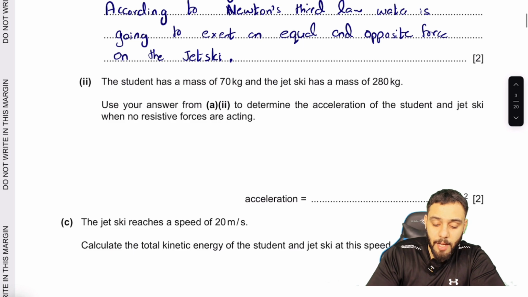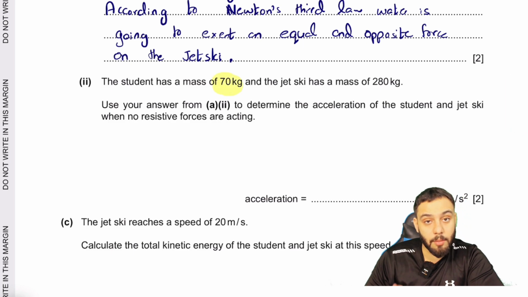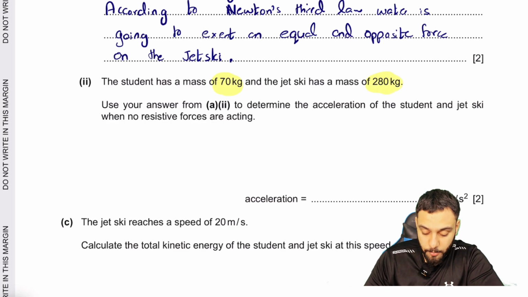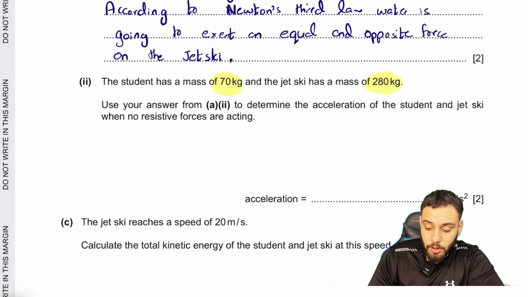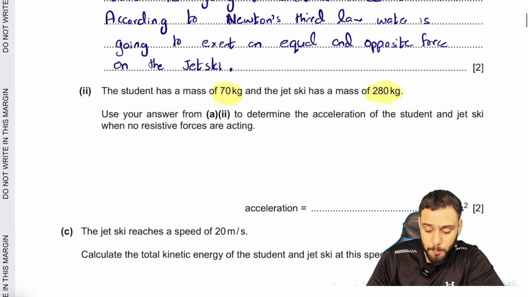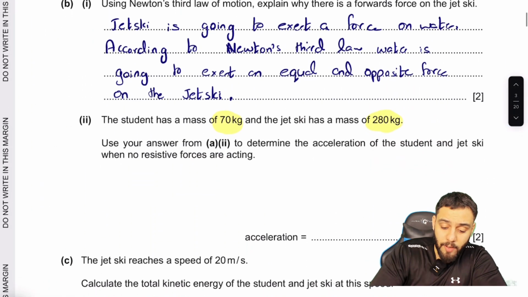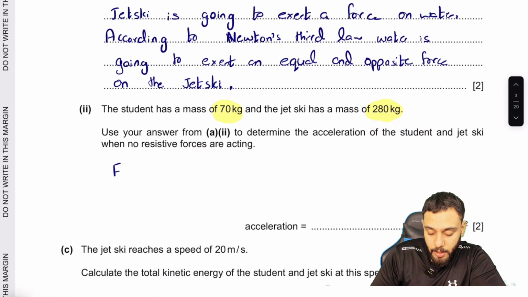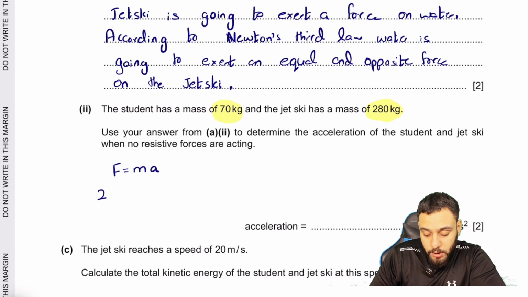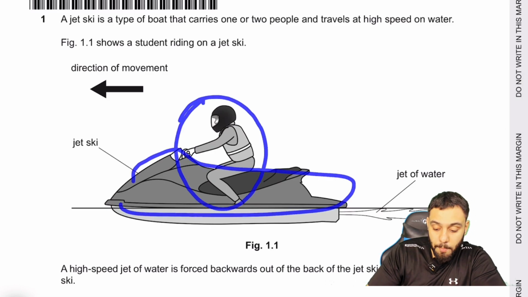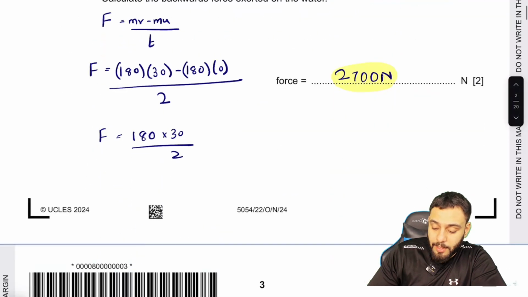A student has a mass of 70 kilograms and the jet ski has a mass of 280 kilograms. Use your answer from A2 to determine the acceleration of the student and the jet ski with no resultant force present. From A2, I already have the force, that's 2700. If I need the acceleration, I can say since F equals ma and the force is 2700, and since the jet ski has a human on it, the mass is going to be the combined mass that is going to be accelerating.